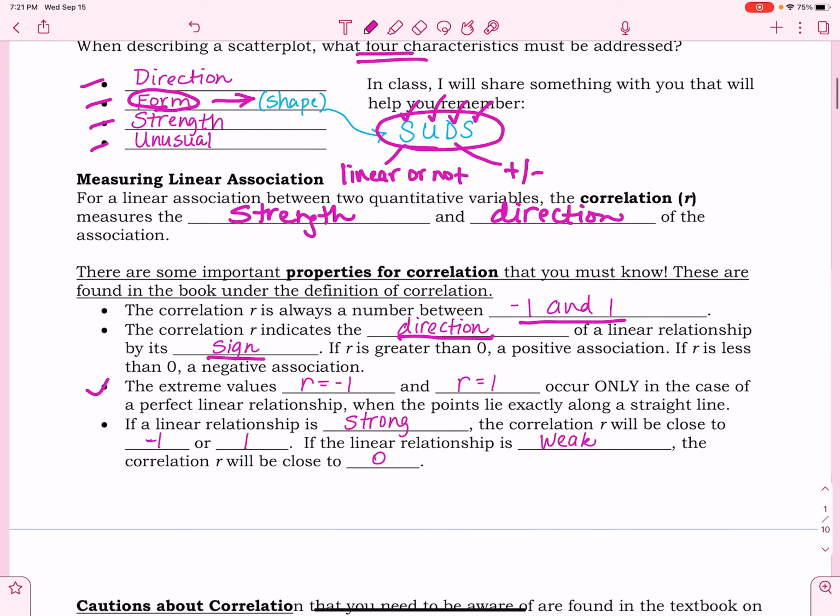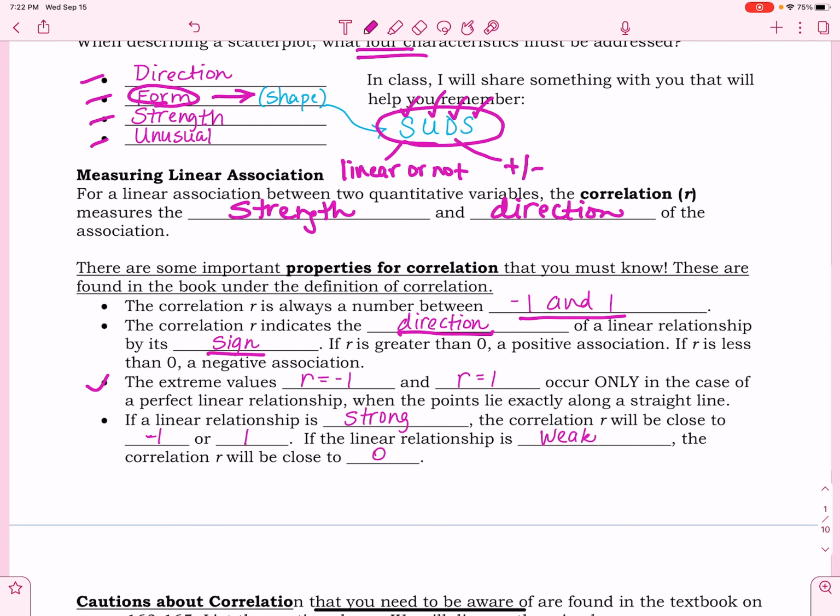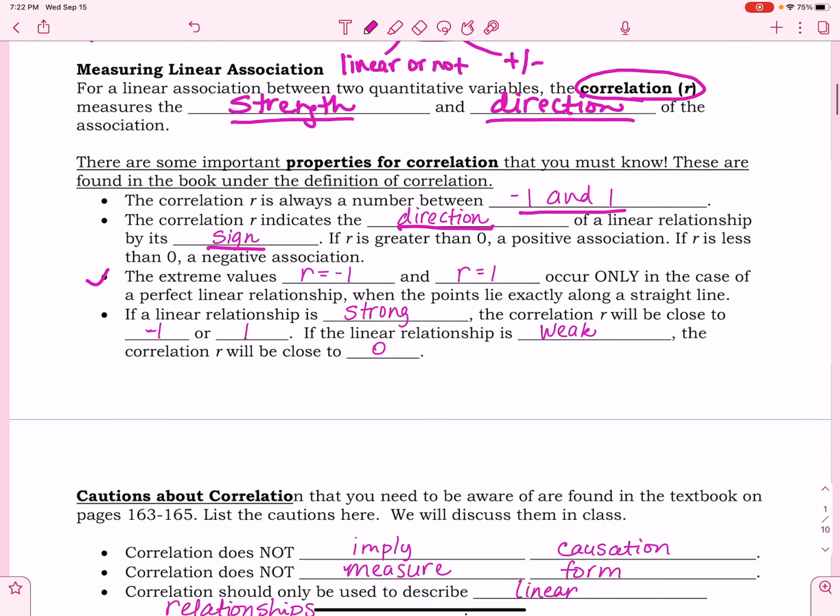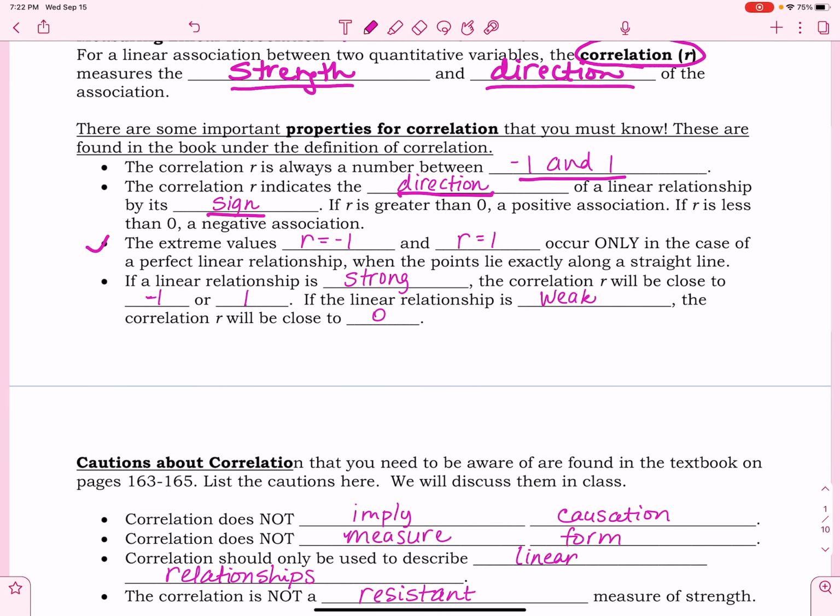All right, so when we measure linear association, there's a value that helps us determine how strong the relationship is, and that's called the correlation. It measures our strength and direction, so it will have a sign. It will either be positive or negative. And there are lots of properties about correlation that you need to understand. So I'm just going to quickly talk through what some of these mean. It's always a number between -1 and 1.